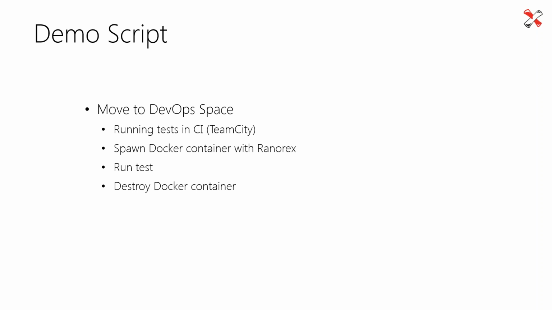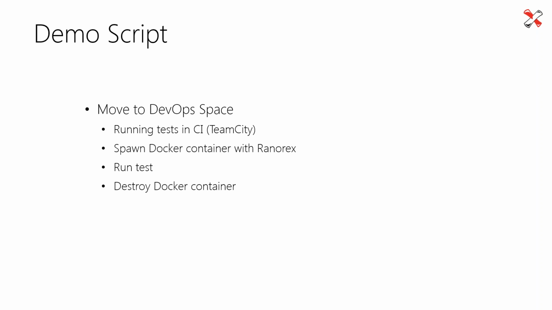I personally took TeamCity, like the tool pretty much. Then I will spawn a Docker container that contains a fresh WordPress installation, and I will run a test on such a Docker container which automates the bootstrapping process.